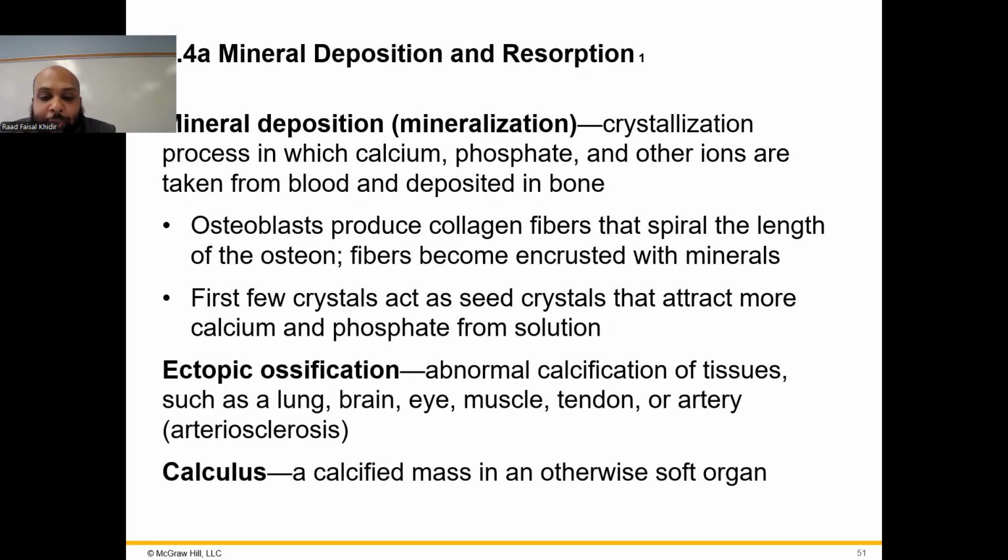Then there's ectopic ossification. In ectopic ossification, there is abnormal calcification of the tissues, such as lung, brain, eye, muscle, tendon, or the artery. That is arteriosclerosis.